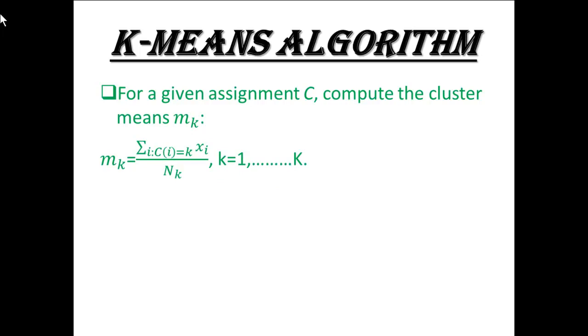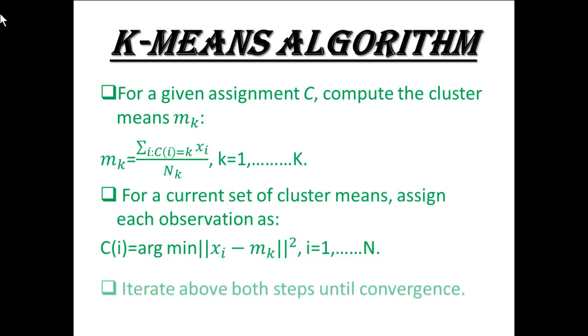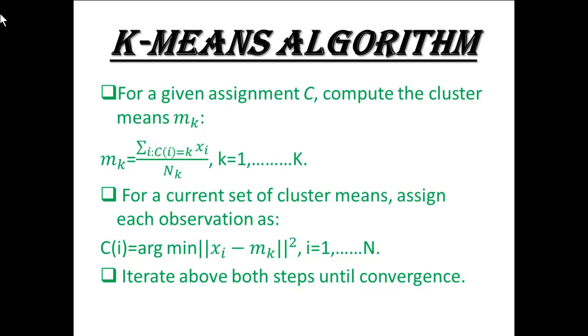Mk equals the summation over i with Ci equals k of xi, divided by nk, for k equals 1 up to K. For the current set of cluster means, assign each observation as Ci equals the argmin over k of the squared norm of xi minus mk, for i equals 1 to n. Iterate the above two steps until convergence.